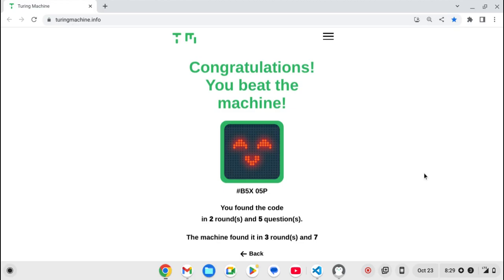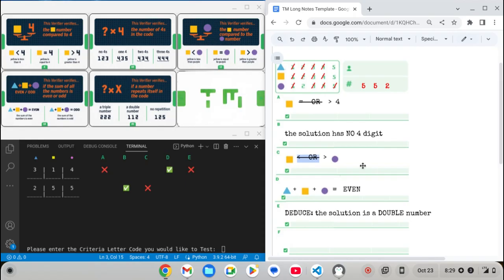Wow, fantastic. We did beat it by 2 questions. Again, I think it was just fortunate how I got that second round proposal. There were so many possibilities, and just fortunate that when we tested criteria card B, it was correct that there should be no 4s.